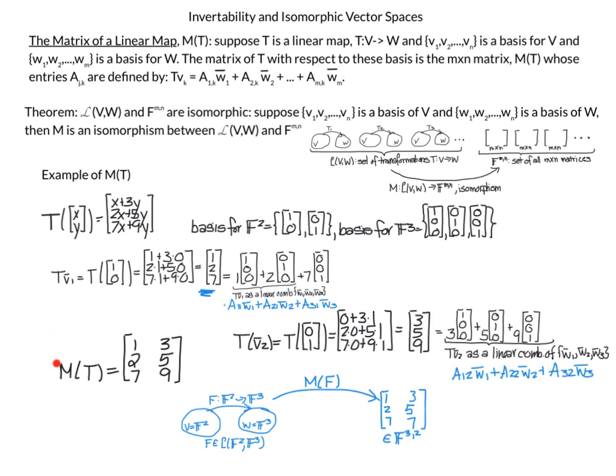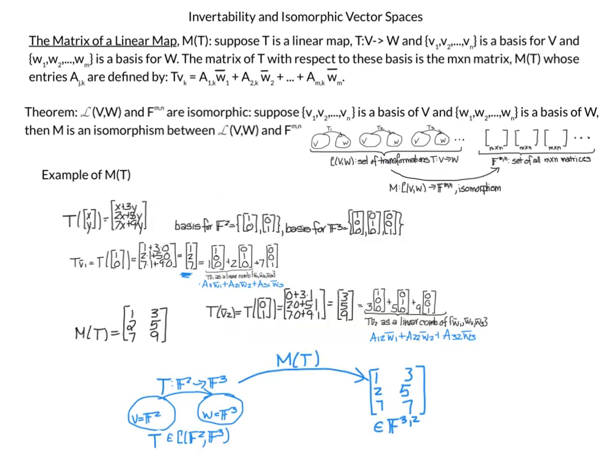This led us to the matrix of our transformation, whose columns are our first basis vector transformed, which is (1, 2, 7), and our second basis vector transformed, which is (3, 5, 9). This should all be review for you.